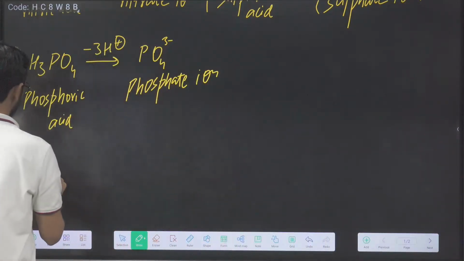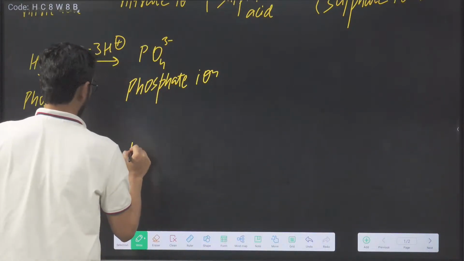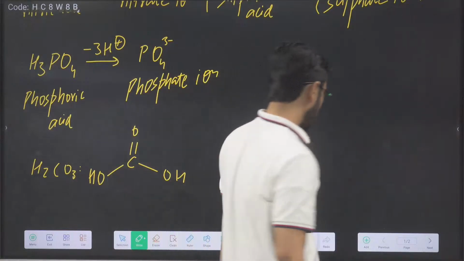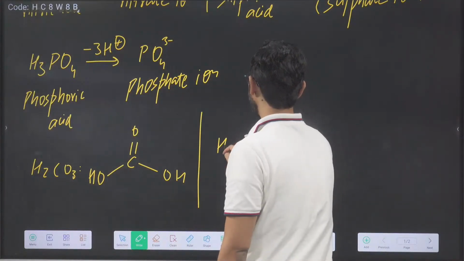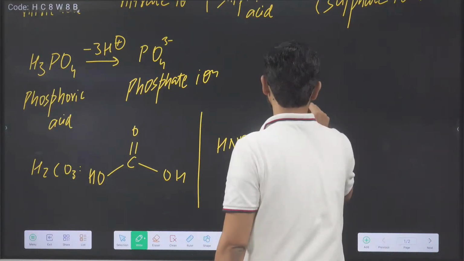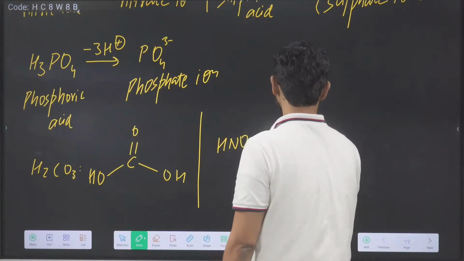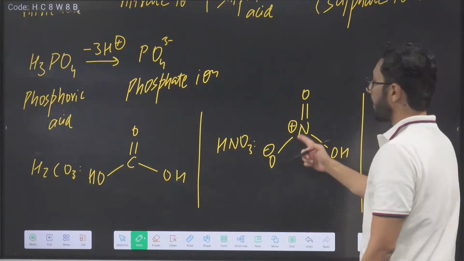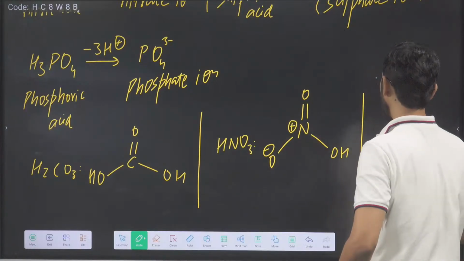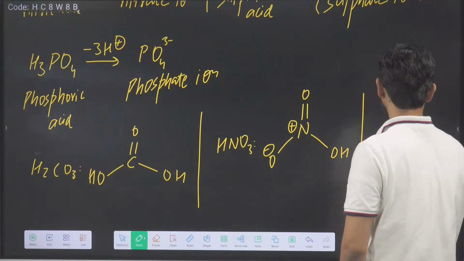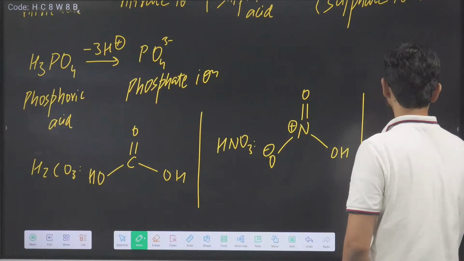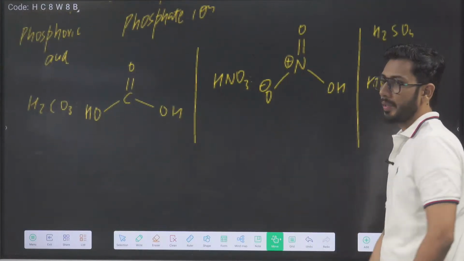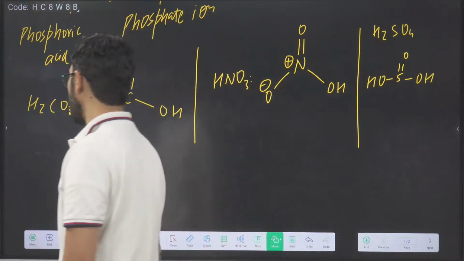Carbonic acid. Nitric acid written, then you can write dative bond also, otherwise normal bond with plus on N and minus on O. Carbonic acid can lose how many H plus? 2H plus, that's why it is carbonate ion, CO3 2 minus.